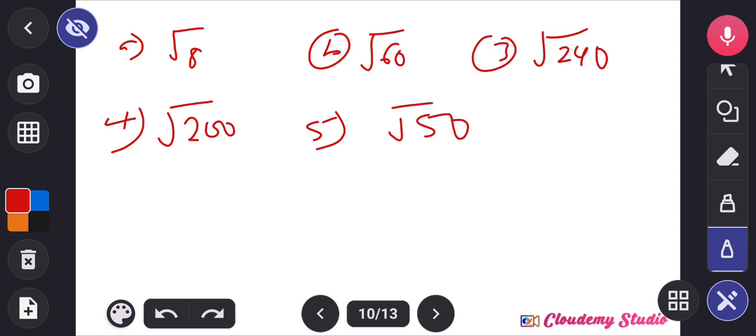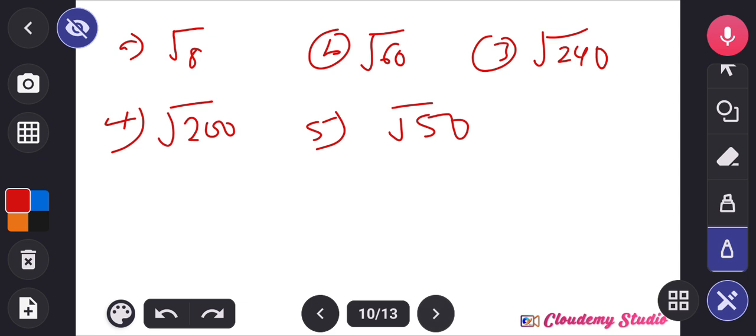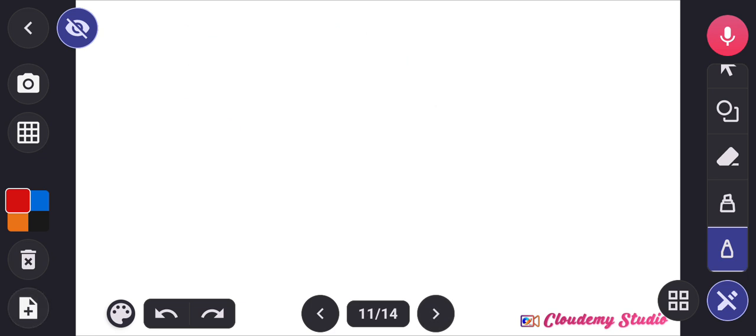Now, let us talk about addition and subtraction of surds. We have talked about the simplification of surds, and I hope you understand now. You see, only surds in the same basic form can either be added or subtracted. I repeat, only surds in the same basic form can be added or subtracted.